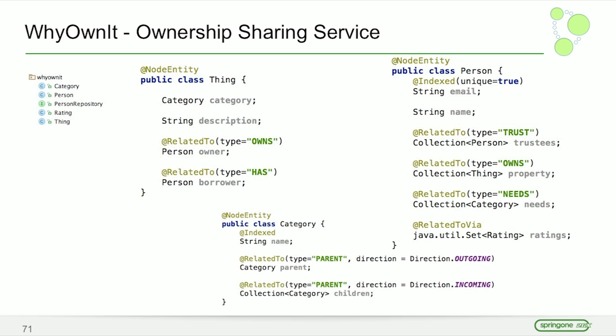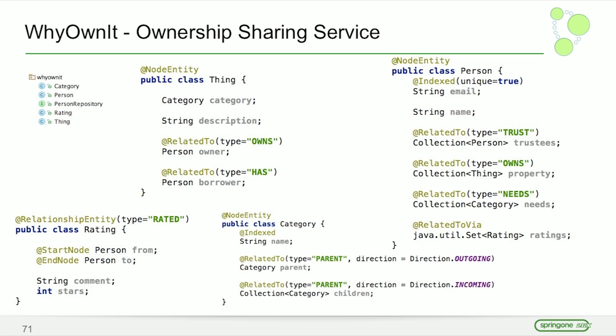A person is uniquely identified with their email. I have a trust network. I have stuff that I own. I have categories that I want. And I have perhaps rated other people. So this rating is interesting because it's not related to a node, but related to a relationship. And the rating is a relationship entity.